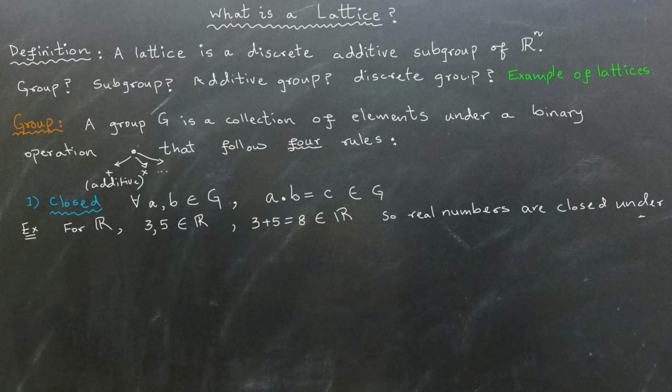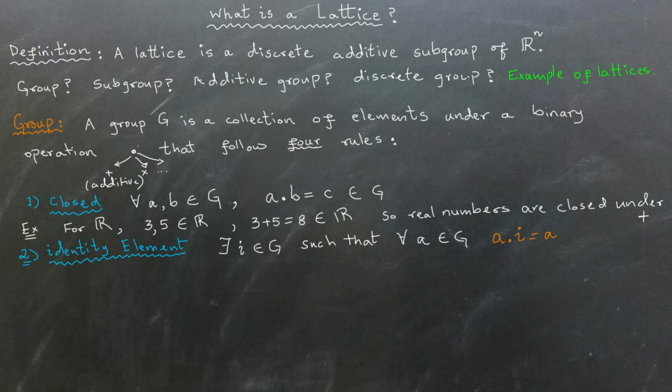The rule number 2 states that the group must have an identity element. This is an element I in the group G, such that for any element A in G, when we apply the operation O to A and I, the result remains an unchanged A. For real numbers, 0 is an identity element.